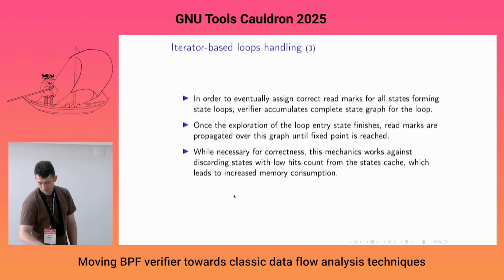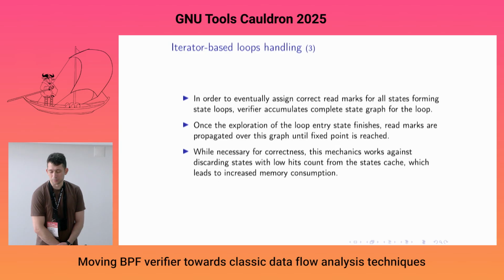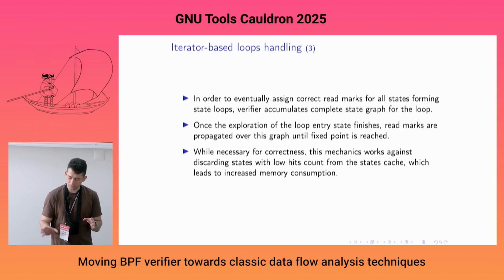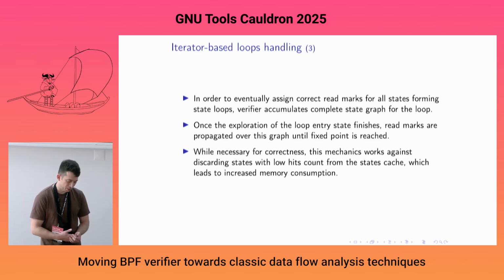To work around that, for loops, we just accumulate the complete state graph inside the loop. And when the exploration of the state which first entered the loop finally completes, we propagate the read marks on this graph until a fixed point is reached. This works somewhat against our goal in a hash table.